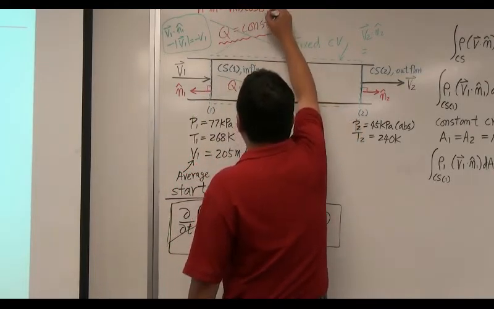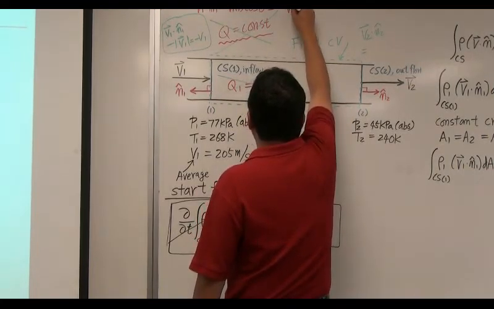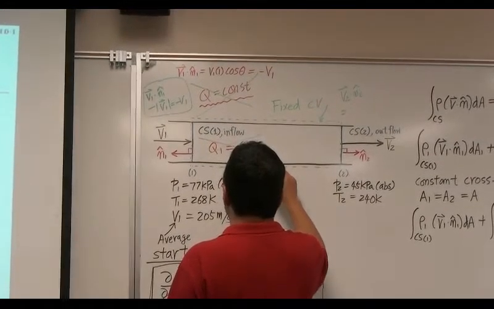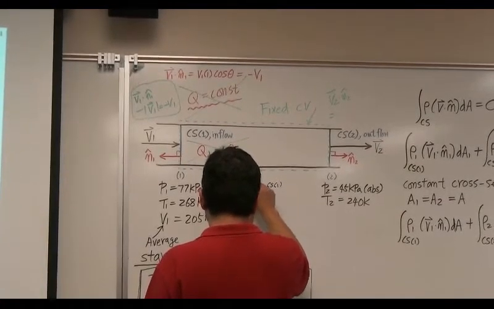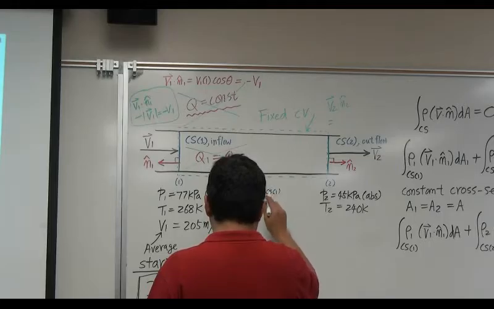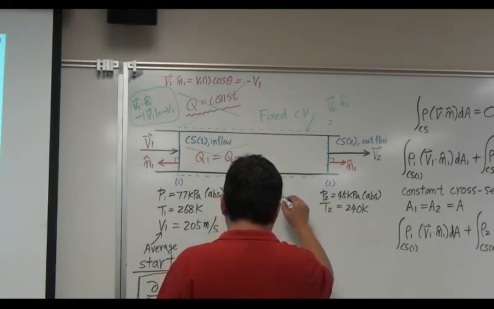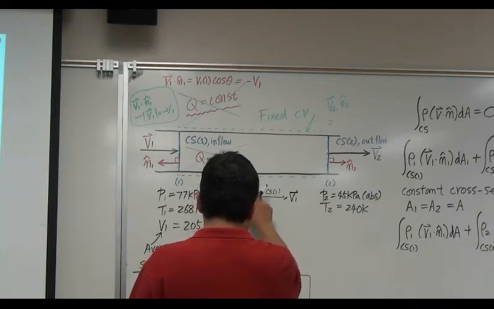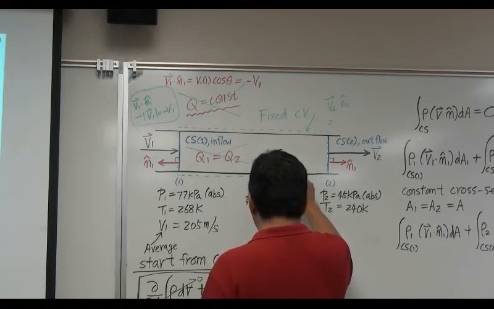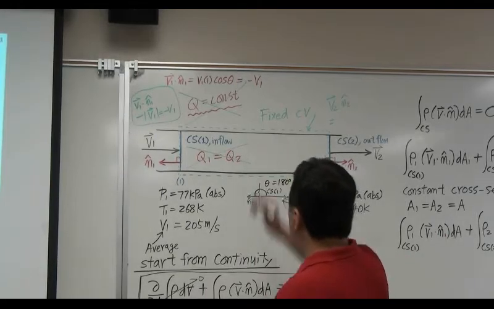In this case, theta is 180 degrees, cosine 180 is minus 1.